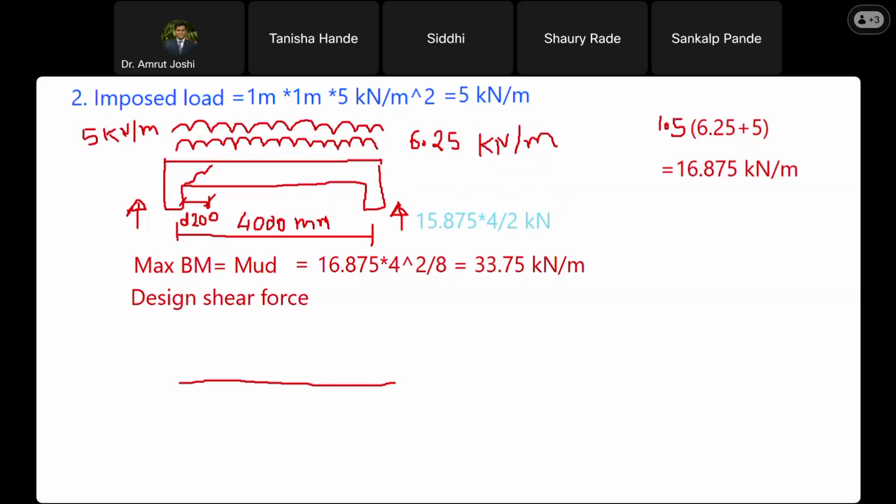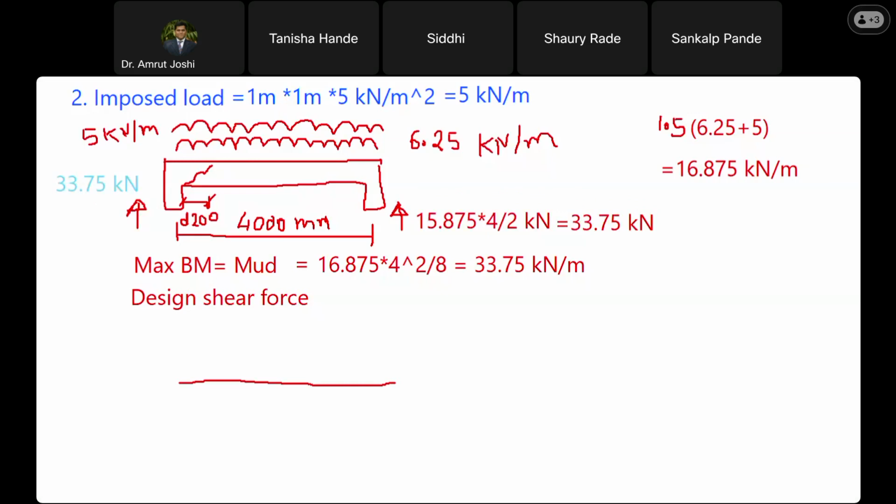Sir, it is 33.75 kilonewton. Are you with me? Yes, sir. This reaction is also 33.75 kilonewton. Both reactions are the same owing to the symmetry of the problem.